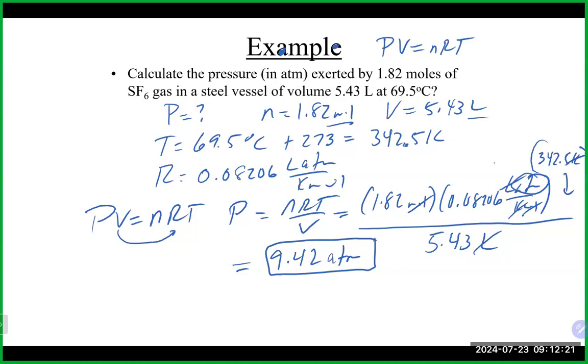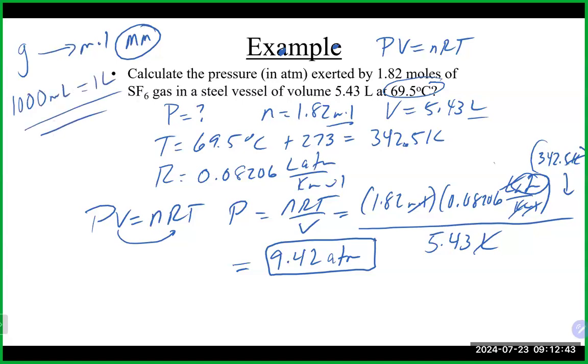Now, I will say very common as well, in addition to converting our temperature into Kelvin like we did here, you're often given grams and you have to go to moles. That's the molar mass, to do that. Also, your liters and milliliters conversion is used a lot.